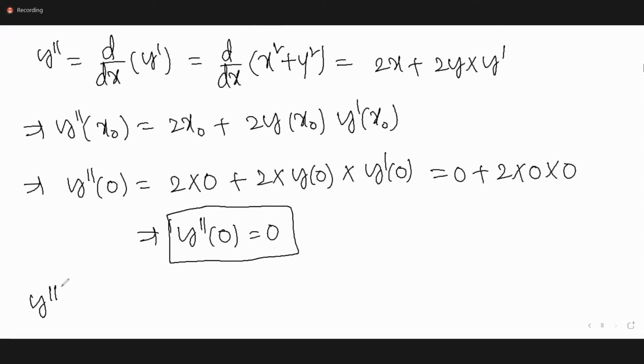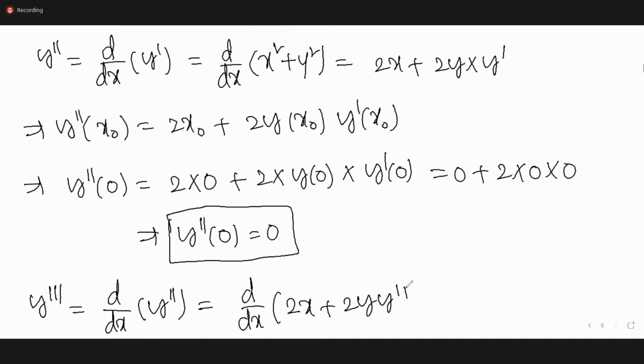Next, y triple dash is equal to d by dx of y double dash. Third order derivative is the derivative of second order. So d by dx of y double dash, which is 2x plus 2y y dash. Find the derivative. So we get 2 plus 2 times of y into y double dash plus y dash square. This is y triple dash.